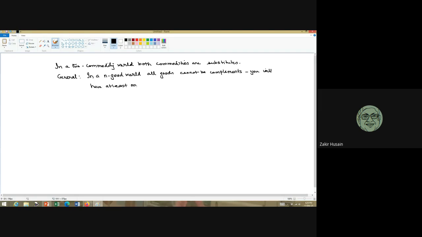You will have at least one substitute, if not more. You can prove this very simply using Euler's theorem. But before that, I need some results which MD will discuss. Okay, so I'll stop at this point.